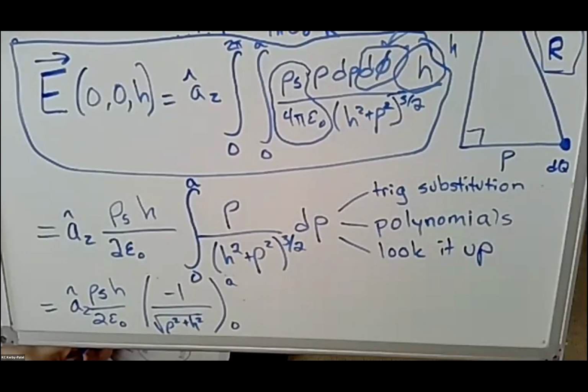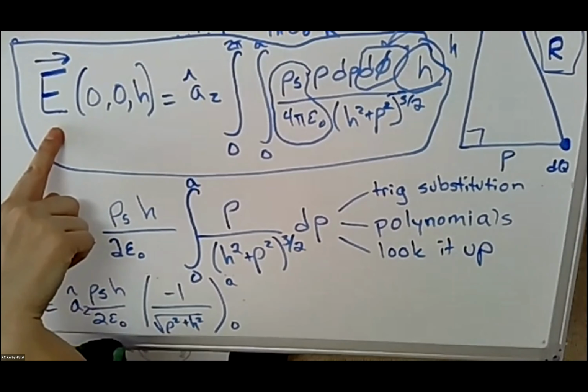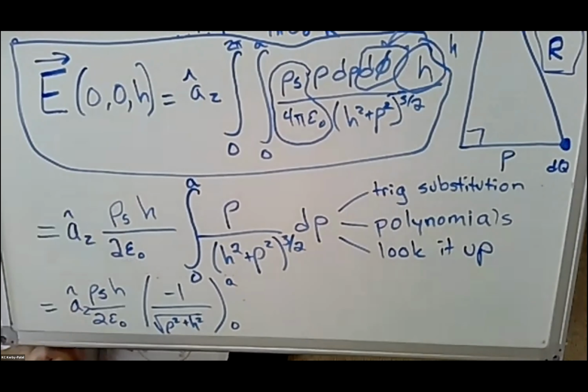Would it make a difference if we just did the integral in terms of the magnitude of the vector field, since we know all the rest of the components are 0 except for in the direction of k hat or in the direction of z? Yeah, the only difference would be that this a hat z vector that I'm writing at the beginning wouldn't exist, and your result would not have an arrow on top.